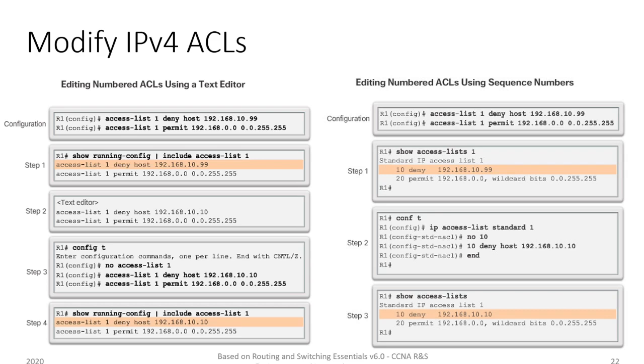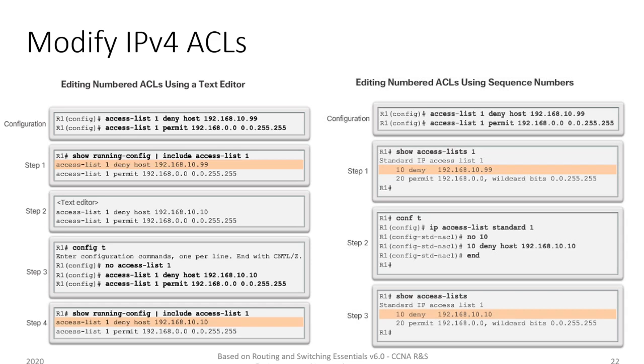So what we have here is a set of commands that we can use when we are configuring these, either when we are using numbered ACLs or named ACLs, for example.